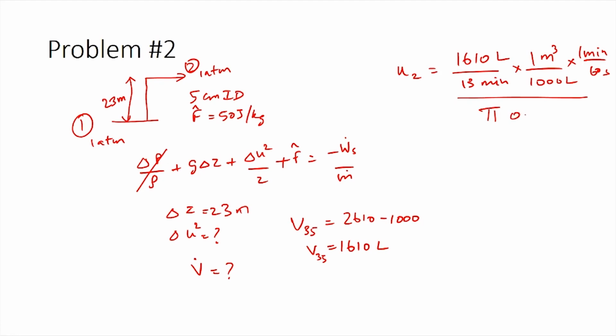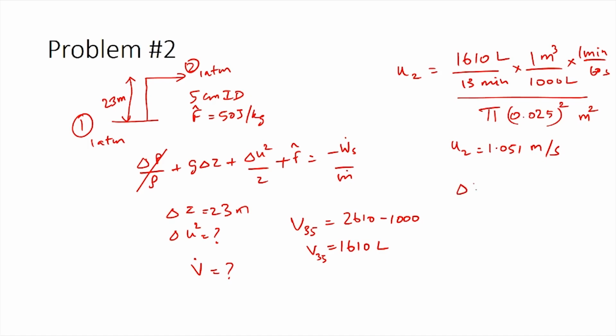R here would be 0.025 meters, because it is 5 centimeter inner diameter. So, that means it is 2.5 centimeter radius, and converting that to meters, we would have 0.025 meters. So, from this we can calculate the velocity as 1.051 meters per second.